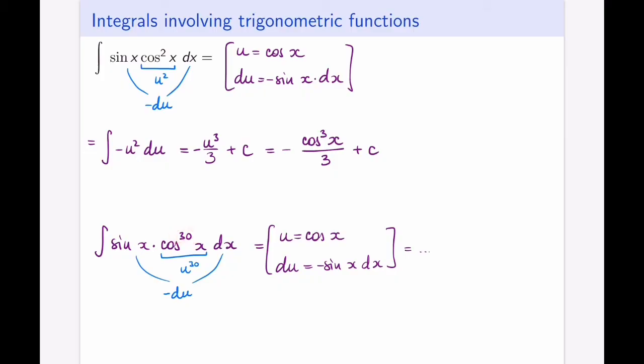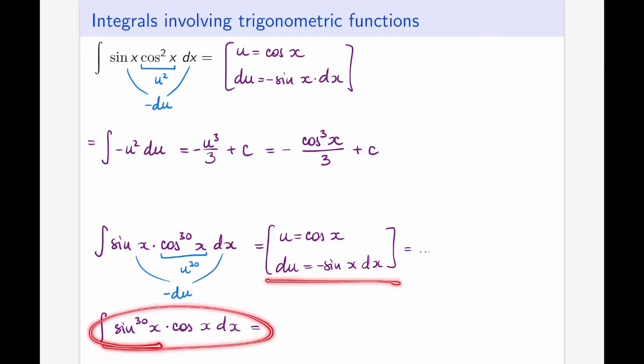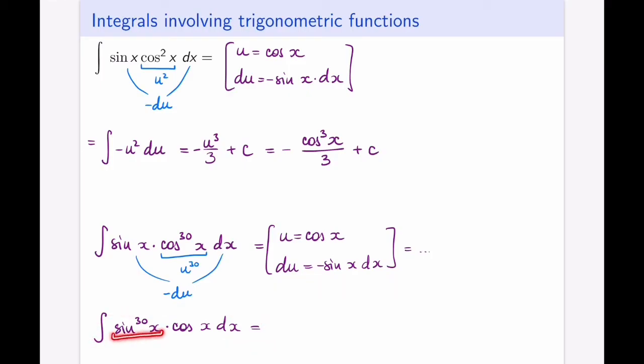Also notice that this would be very similar if my example had sine and cosine roles switched. If I, for example, had sine to power 30 of x times cosine x dx, this integral we would be able to approach in a very similar fashion. My substitution here would have to be for sine x to be u, and then du would actually be the entirety of the rest of the integral.